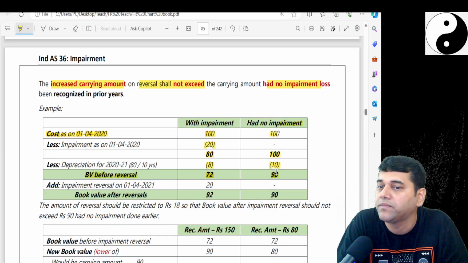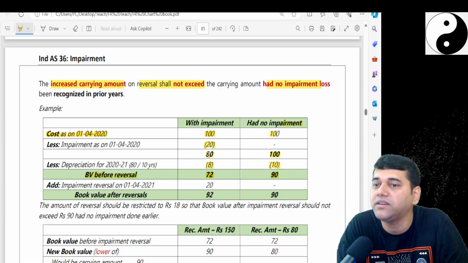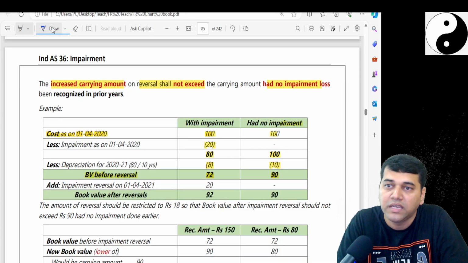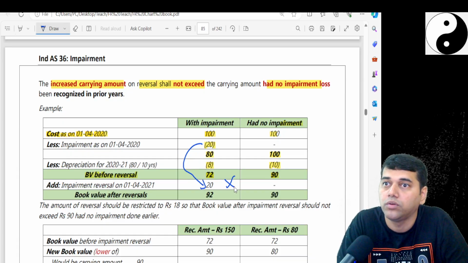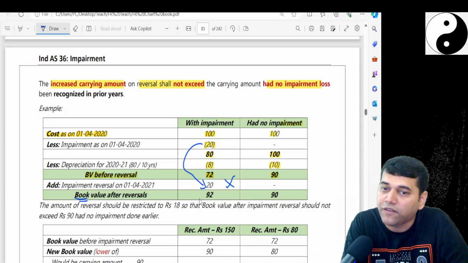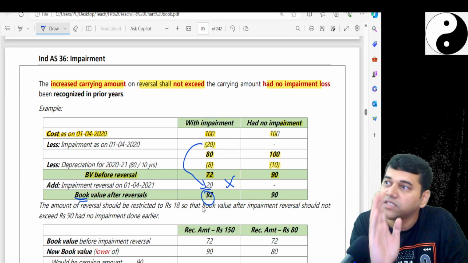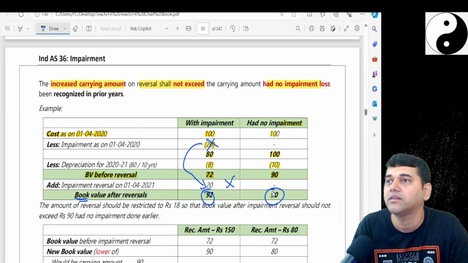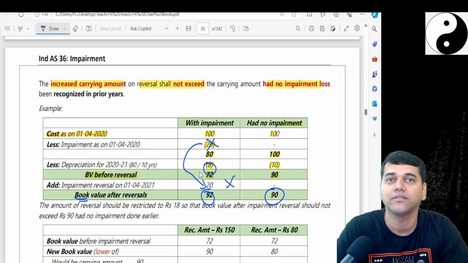Suppose there is an indicator of a good improvement in the business performance, can you reverse this full 20? No. Because if you reverse the full 20, your book value after reversal is going to become 92, which if you had not impaired on day 1, would have been 90 today. That means you are reversing the depreciation also.